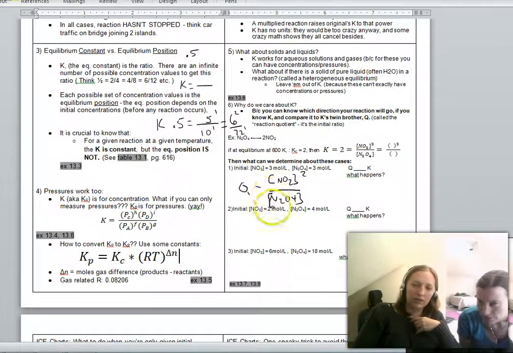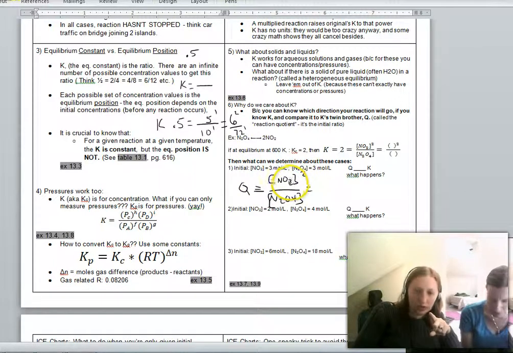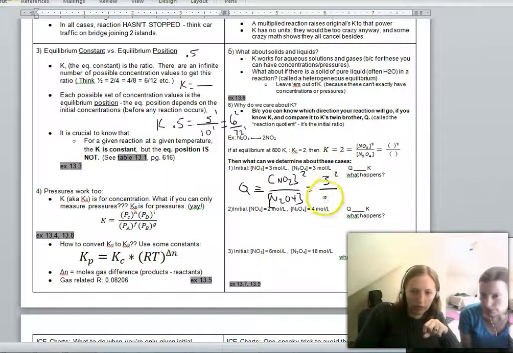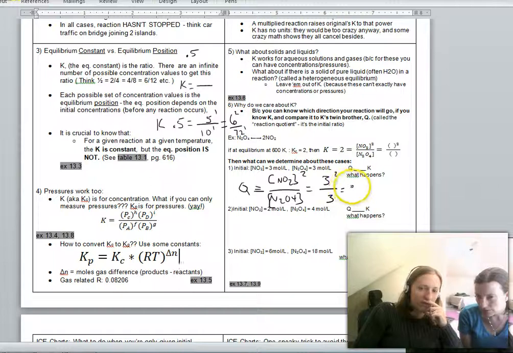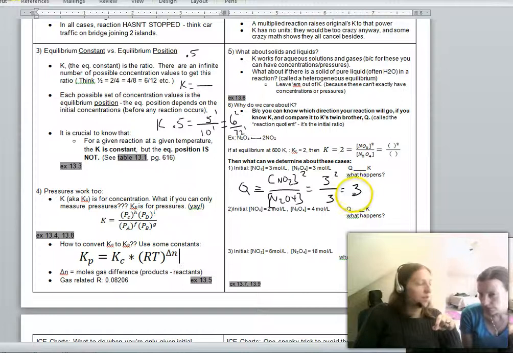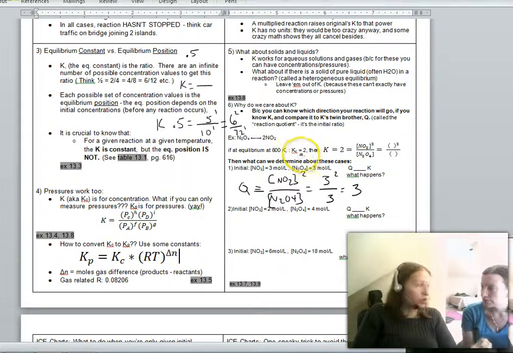NO2 is 3, so we're going to have 3 squared over 3. That's 9 over 3, that's 3. So if Q is 3 and K is 2, that means putting 3 molar NO2 in and 3 molar N2O4 in is not at equilibrium. Because at equilibrium you get the answer 2. We are not currently at equilibrium. We're at 3.